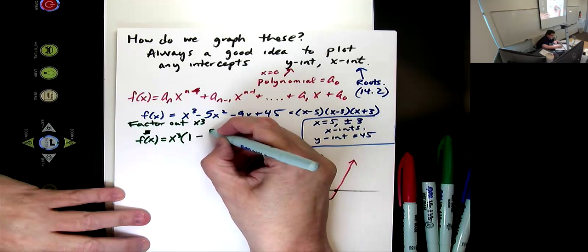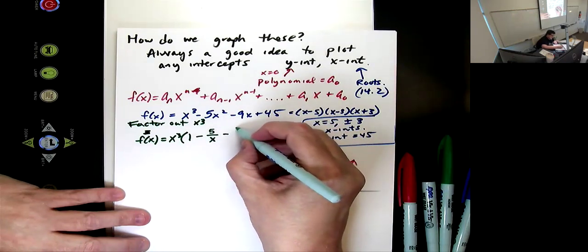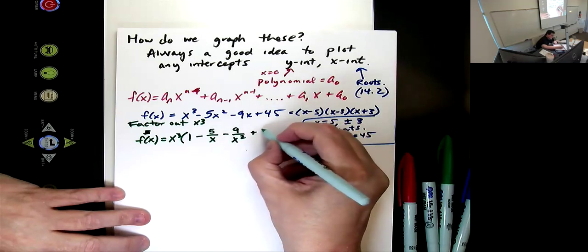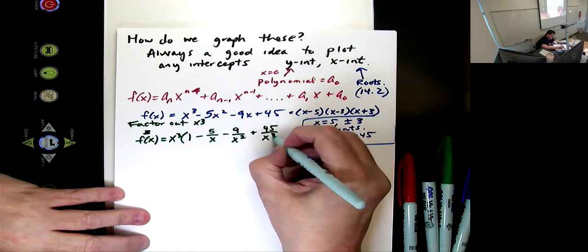If I take x cubed out of this one, it's 5 over x. If I take x cubed out of the 9x, I have 9 over x squared. And this would be 45 over x cubed.